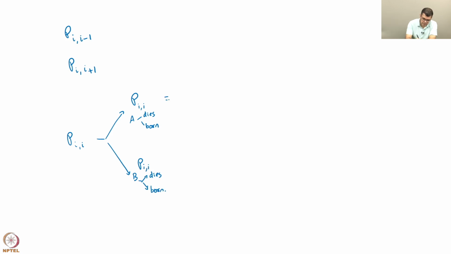So, in this case the probability of A being born is just equal to n minus I times R A divided by total fitness, which is n minus I R A plus I R B, times A dying, which is n minus I divided by n.